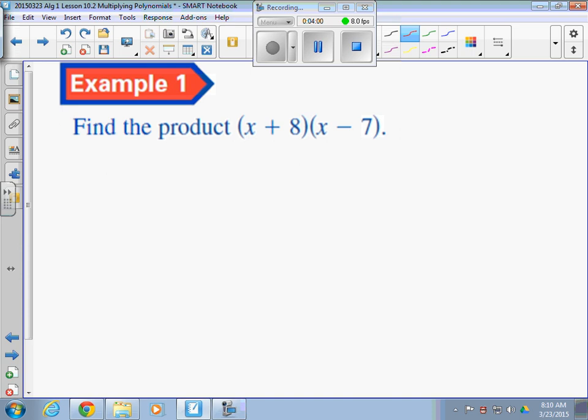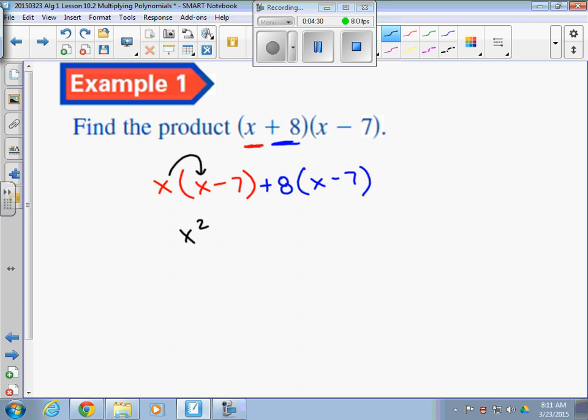Separate the first binomial. It says x plus 8. I said x plus 7 a second ago. x times the second binomial, x minus 7, and plus 8 times the second binomial, x minus 7. So just distribute each one of those. x times x is going to be x squared.